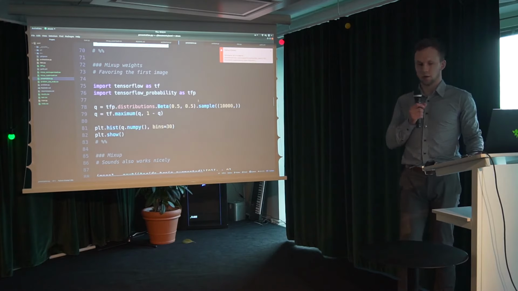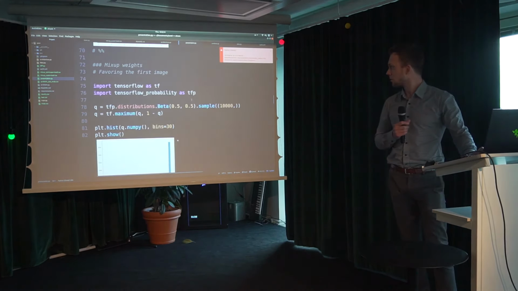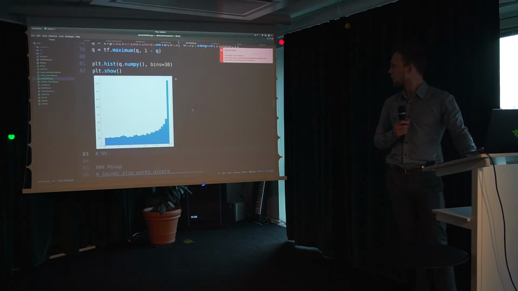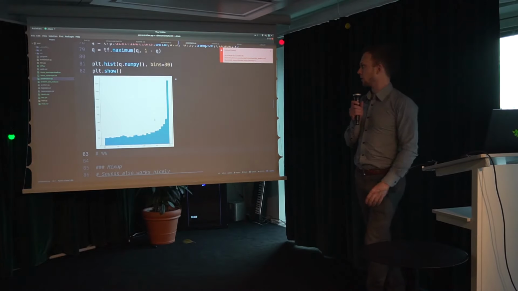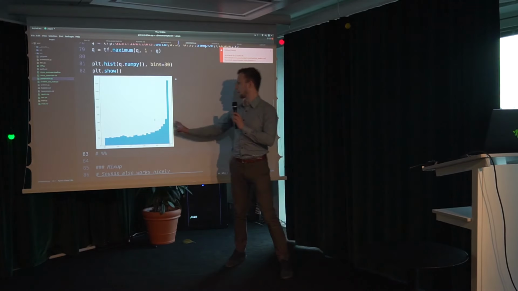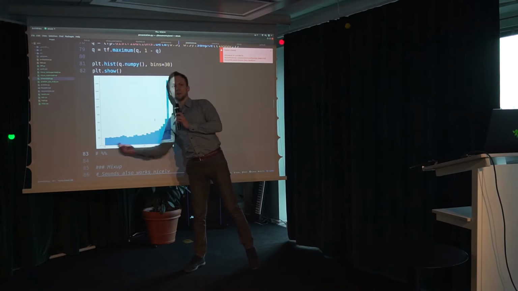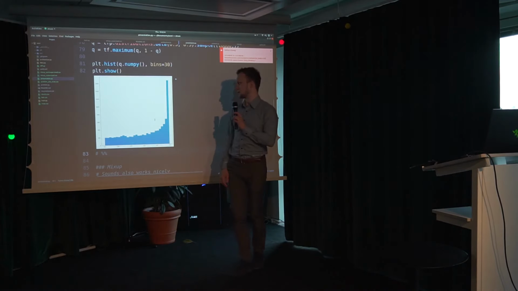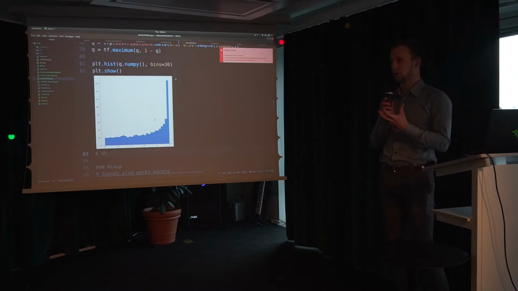And I can show you the distribution. So we have a lot more focus on the first image. It's almost like a lot of time above 80%, but we also have quite a lot of probability mass on the lower numbers. So we might sometimes weight the images quite equally.